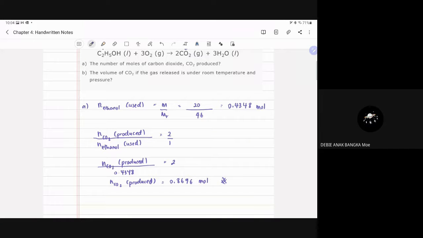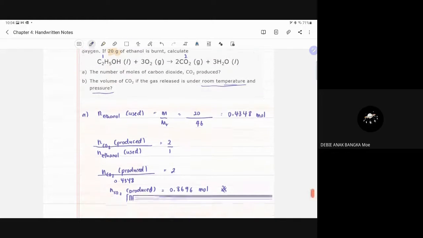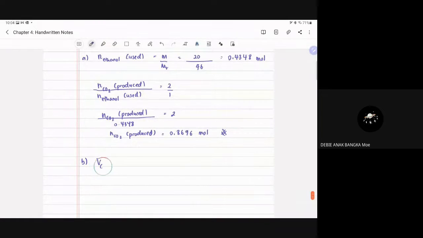Okay, right. So now, next part lah. The volume of CO2 if the gas release is under room temperature and pressure. Okay. So kita cari volume dia. So ini adalah soalan chapter 3. So nak cari volume of CO2 sama dengan number of mole of CO2 darabkan dengan molar volume.